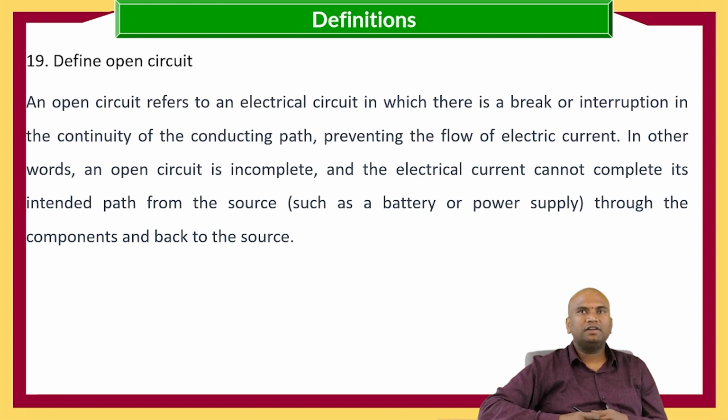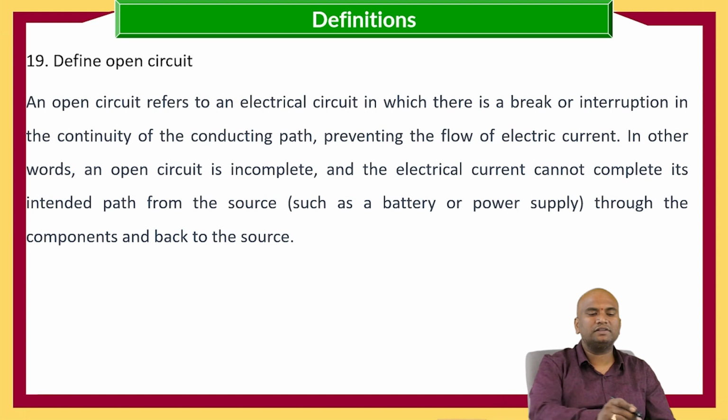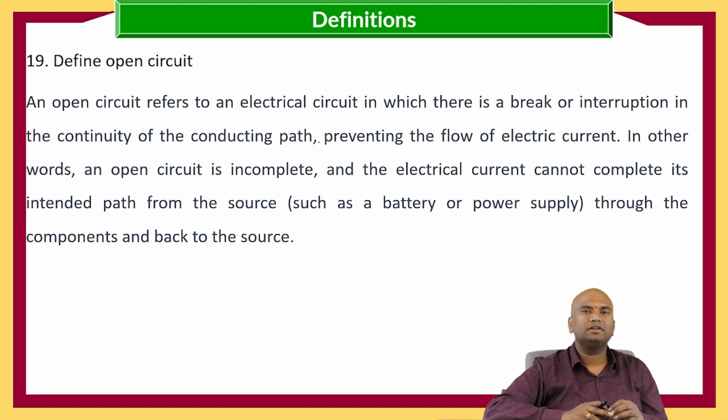The next one is define open circuit. An open circuit refers to an electrical circuit in which there is a break or interruption in the continuity of the conducting path. That is, there is a break between two elements in a circuit or in a conducting path.